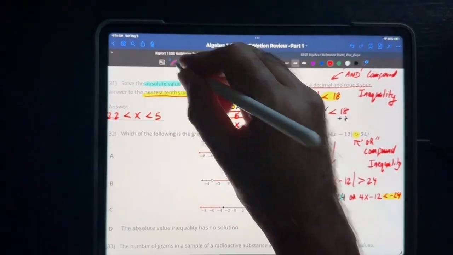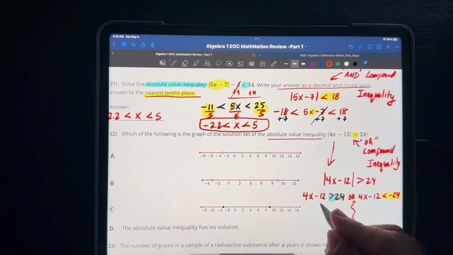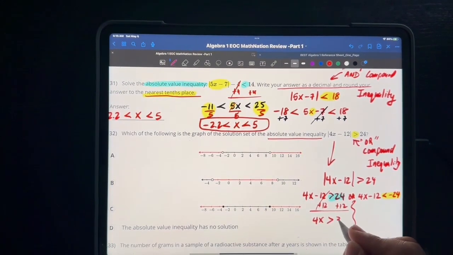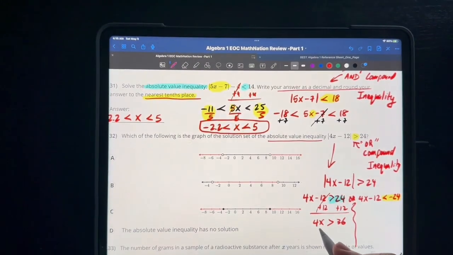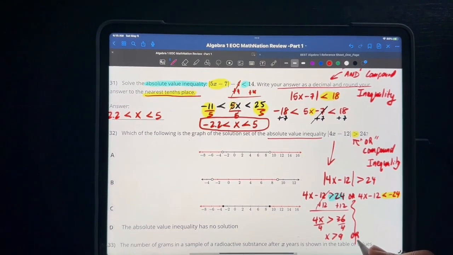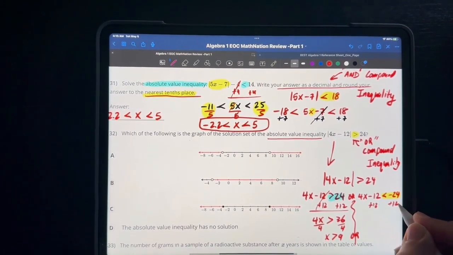All right, good. So we're going to basically have two different inequalities going on here. I have to add 12 to both sides. You get 4x is greater than 36. Then you divide by 4. You get x is greater than 9. This is one inequality. Then you do the same thing here. Add 12, add 12.